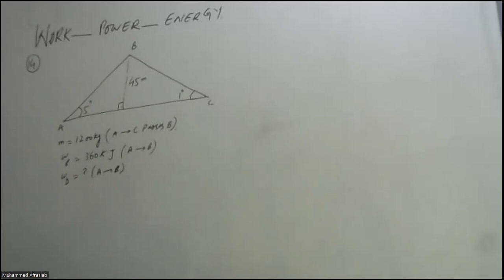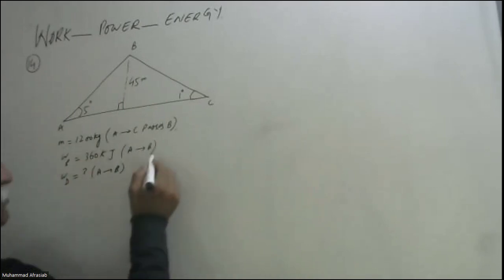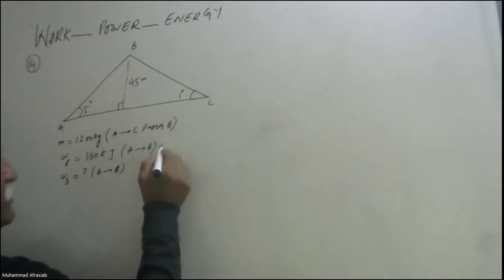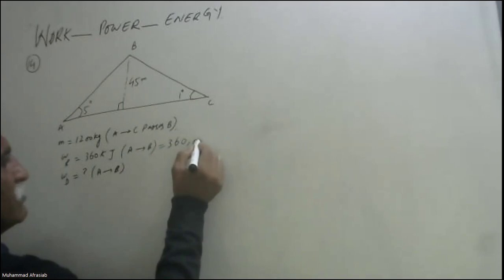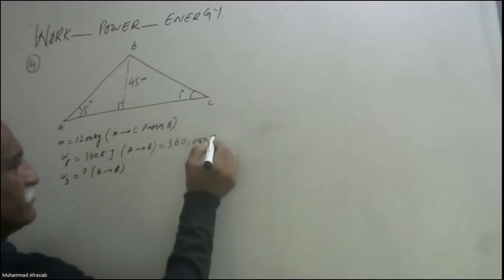Since B is 45 meters above the A and C level, where the roads make angles of 5 degrees and 1 degree to the horizontal, and the work done by the resistive force from A to B is 360 kilojoules, which we can write as 360 into 1000 joules.